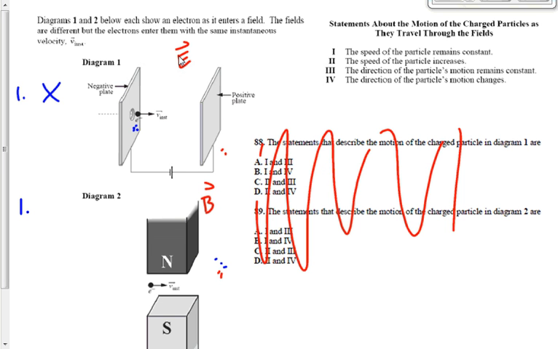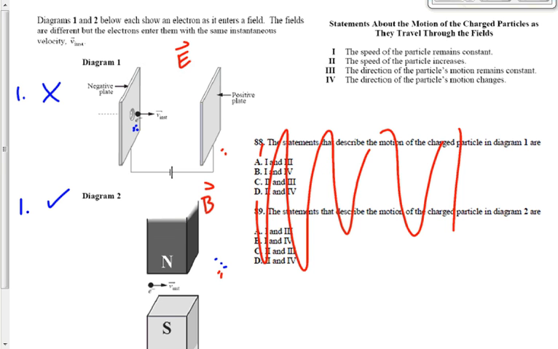It would start going in a circle like this out of the page. But does its speed change? No. Forces will either change speed or change direction or change both. And the first one here changes speed, and the second one it changes direction. So observation number 1, does the speed of the particle remain constant? Yes. Its velocity doesn't because it changes direction, but its speed does.